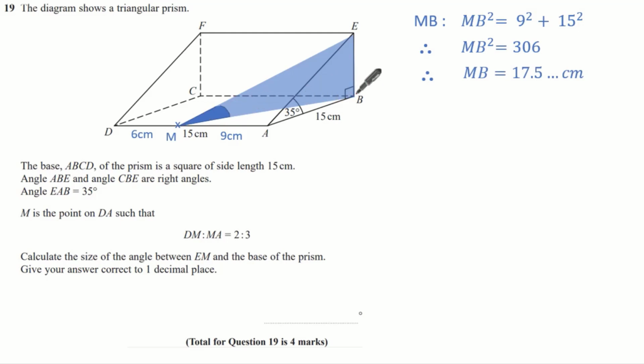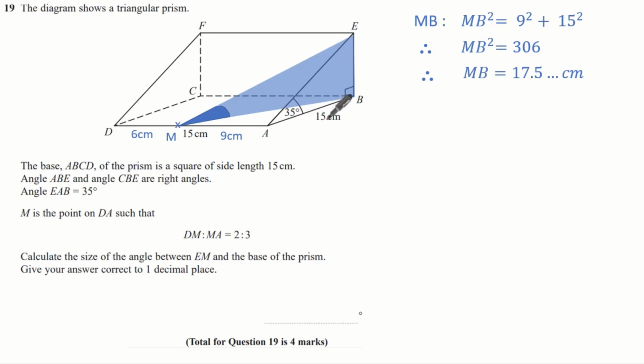Now I know MB, let's work out length EB. Well, EB can be found using this right angle triangle. Given I'm looking at a right angle triangle using lengths and angles, I know I have to use trigonometry. So let's identify the correct trig ratio. Given my angle is here, this would be the opposite length, and this is the adjacent.